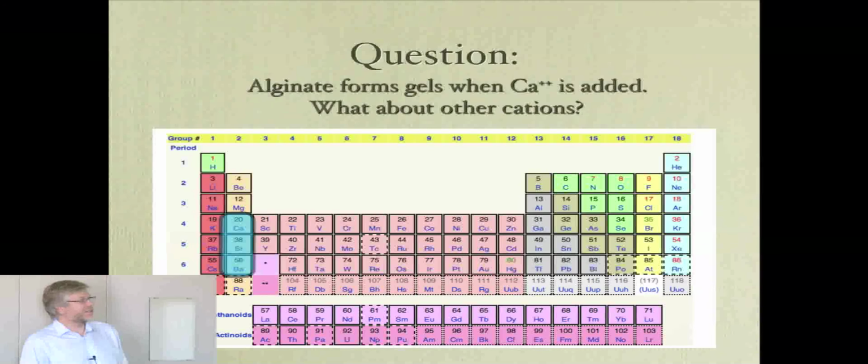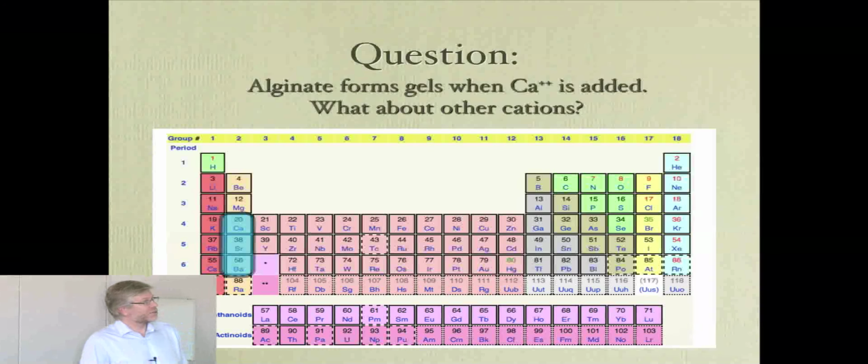So in fact, in some cases we can add a little bit of, for instance, barium to strengthen a gel. It has been done. And this is because these cations have the same charge as calcium. But they are getting bigger, but they still bind very well to alginate.